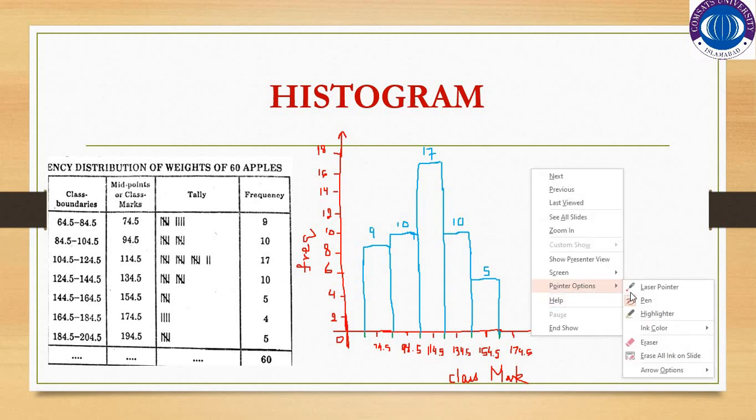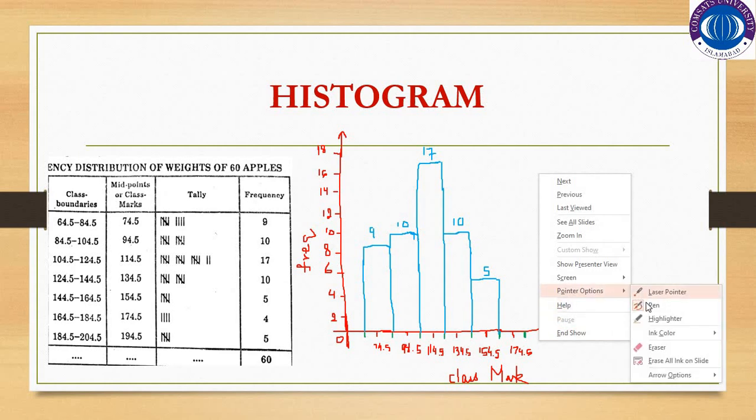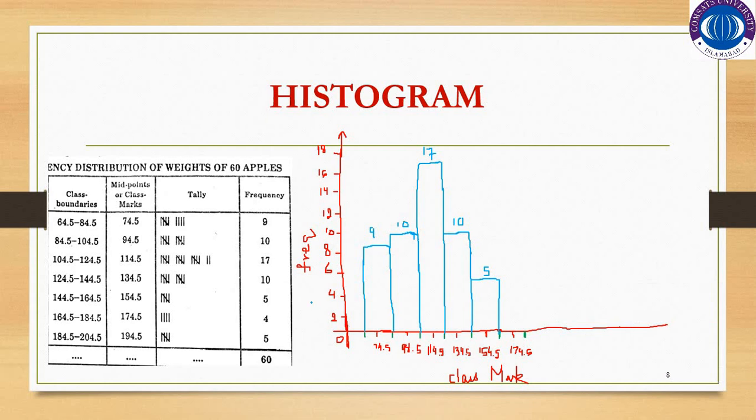The lower class boundary is 164.5 and the upper class boundary is 184.5, and I'm representing it with green color. The rectangle height there would be 4, in blue color, and 4 is here, so it should be drawn in this way. So this is 4.